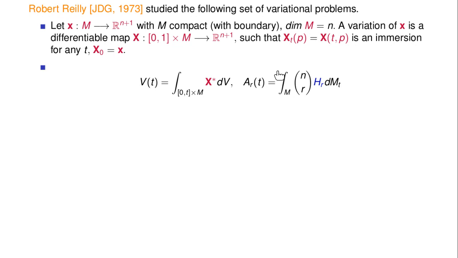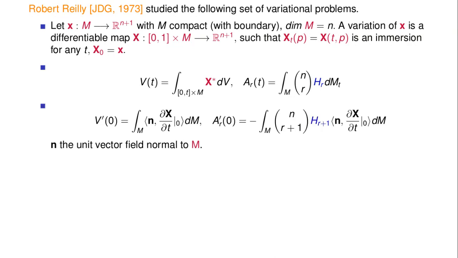And then you can consider the weighted area A_r, the integral of the H_r function, that is the r-th symmetric function of the principal curvatures. You can differentiate this with respect to t and compute it at 0, and you have this very simple formula. Of course, when r is equal to 0, this is the area.